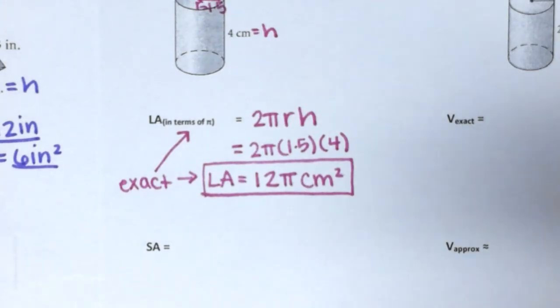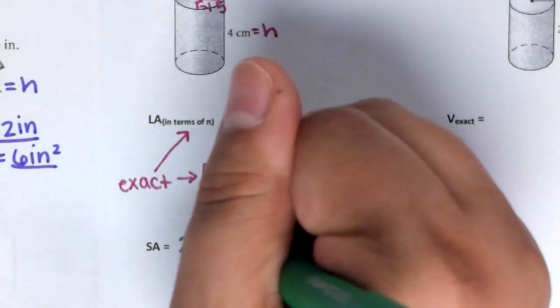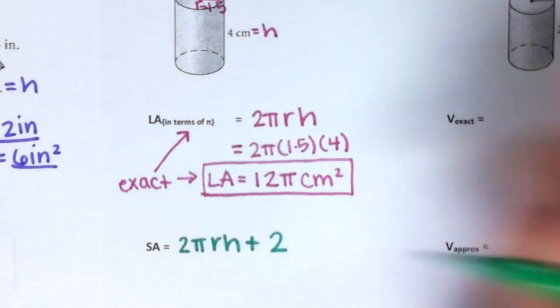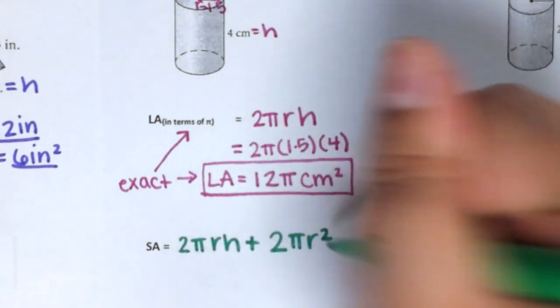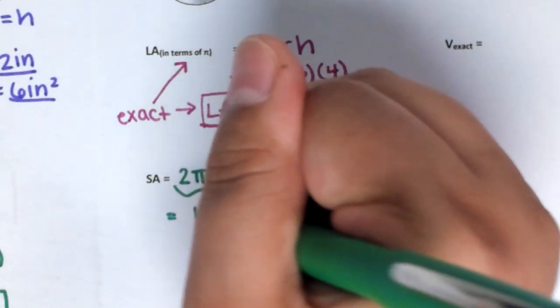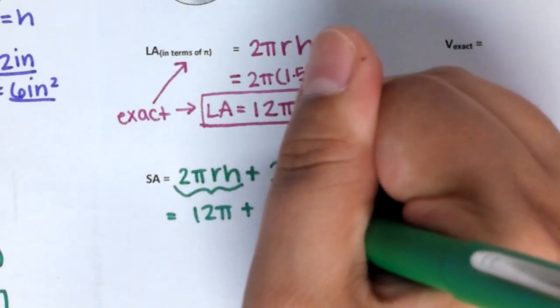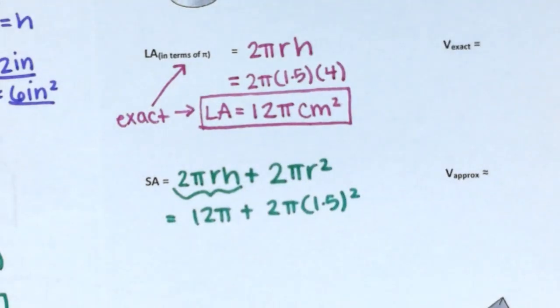Total surface area is what? 2 pi RH plus 2b. But in this case, it's 2 pi RH plus 2 what? What's the area of a base? Pi r squared. So we already know this is what? 12 pi plus 2 pi 1.5 squared.